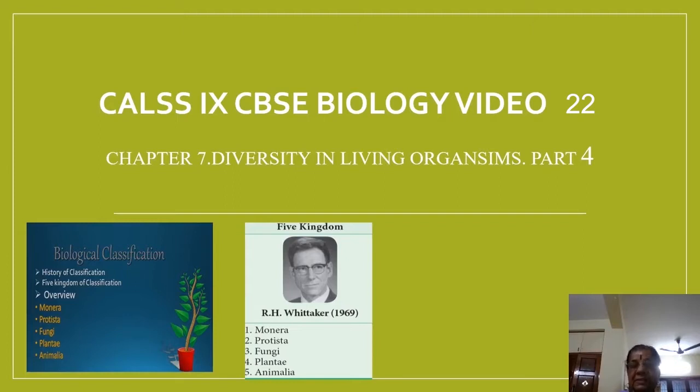In this session, we are going to do the same topic, with reference to five kingdom classification, some in tabular form and a few as pictures, as many pictures as we could collect.